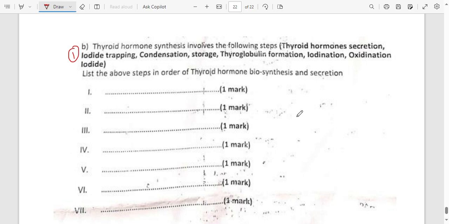It should be iodine or iodide, one of those. So when you trap your iodine, you are going to have oxidation of iodide. You oxidize your iodine so that it becomes the iodide. Now let me just check to see which one is charged and which one is not charged, because they are confusing.